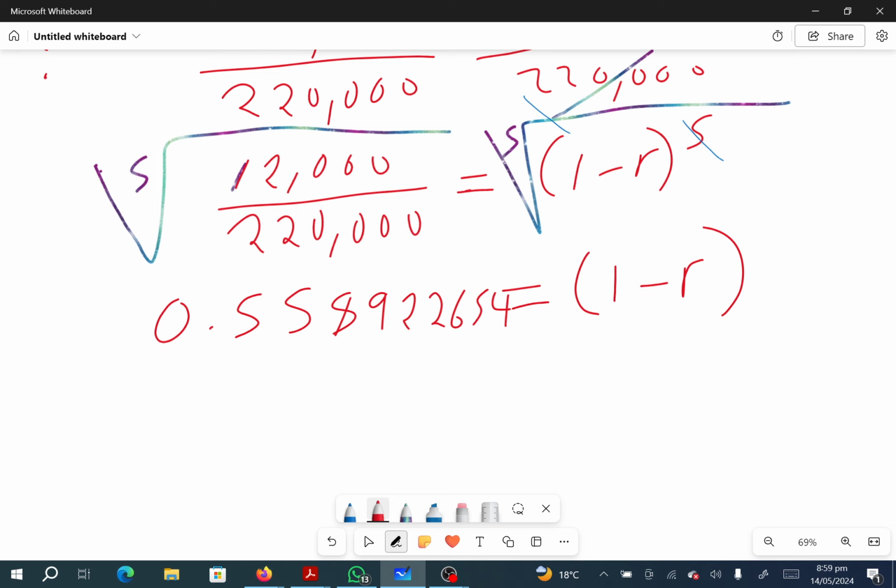Since we are now calculating for R and want a positive R, R will jump the equal sign to come to the other side, then it will be positive. So R, which is the rate, is equal to 1 minus 0.5589222654, which will be negative when it jumps the equal sign.